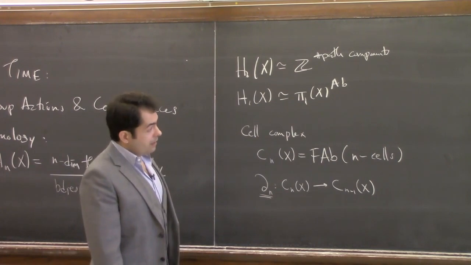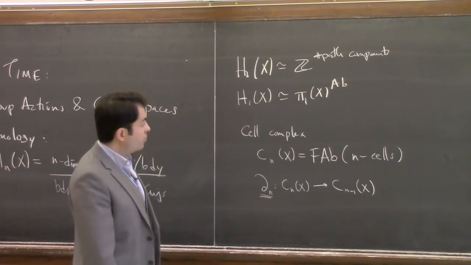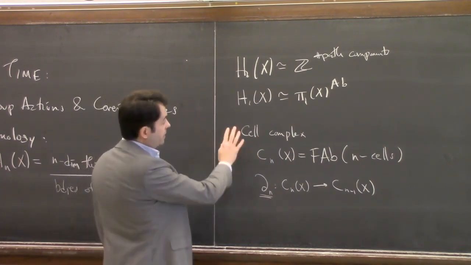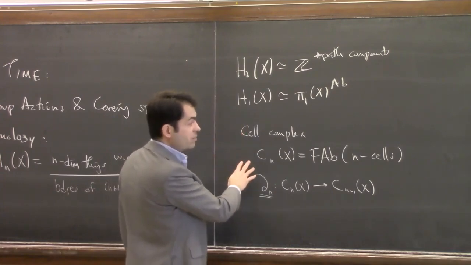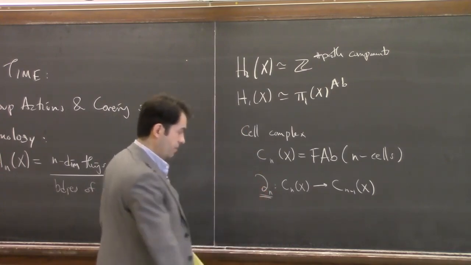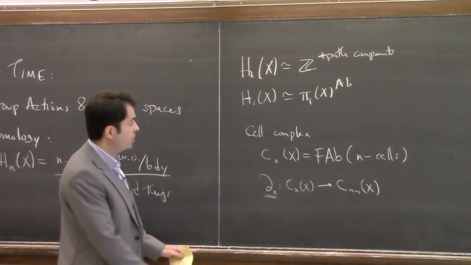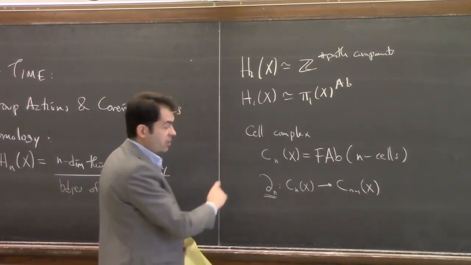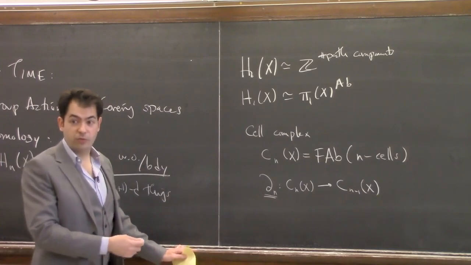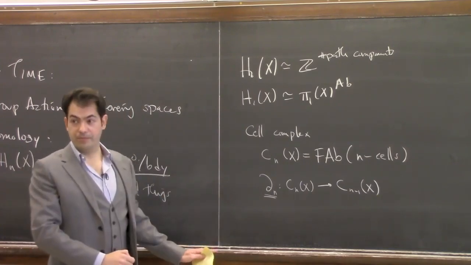Okay. Great. So today we're going to see a different way of approaching this. Well, actually the same way of approaching this, but a way of making this easy to compute. And what we're going to do is restrict the type of cell complex we're looking at to ones where this is easy to compute. Right?